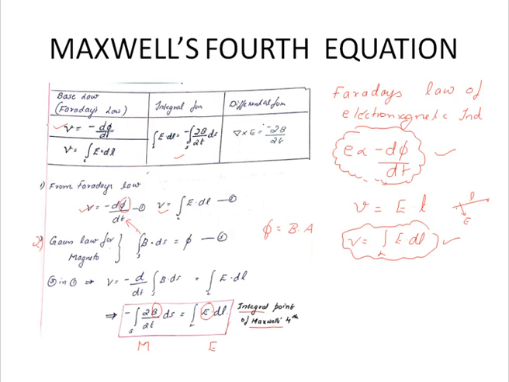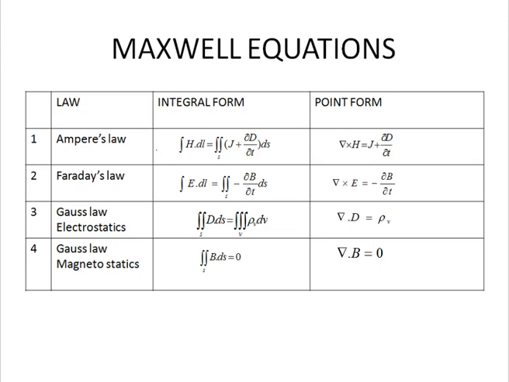So in Faraday's law we are relating electrostatics and magnetostatics using these two equations. We have completed all the four laws, written in this form. The first law we call Ampere's law, and it is not just Ampere's law, it's modified Ampere's law.